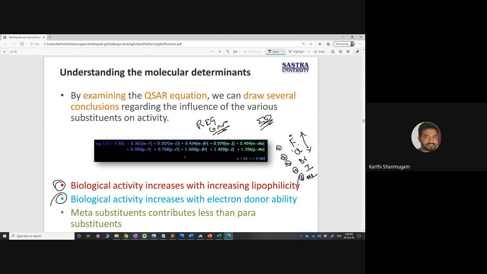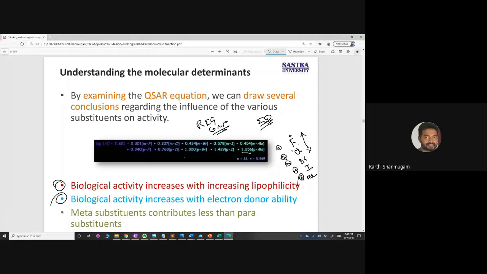So if we compare the regression coefficient of different functional groups, for methyl at meta position, the value is 0.454. But if you have the methyl group at para position, the value is 1.256.